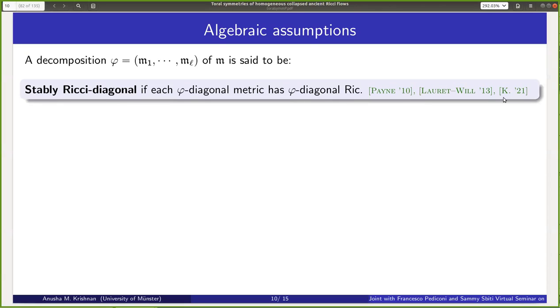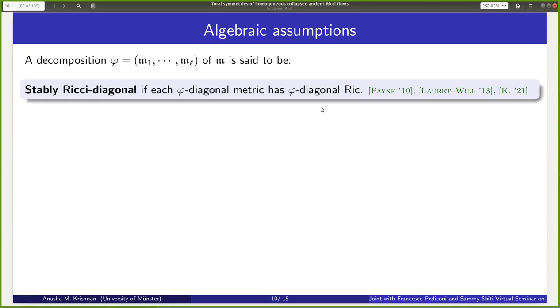I also gave a Lie algebraic characterization of it in the setting of compact semi-simple Lie groups and compact homogeneous spaces. So just to mention that there is some Lie algebraic characterization of this condition.